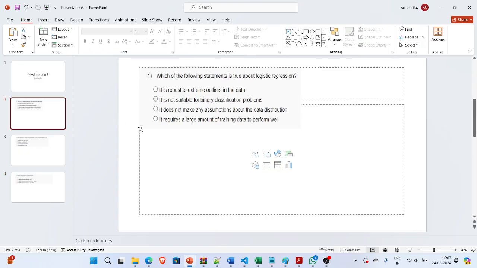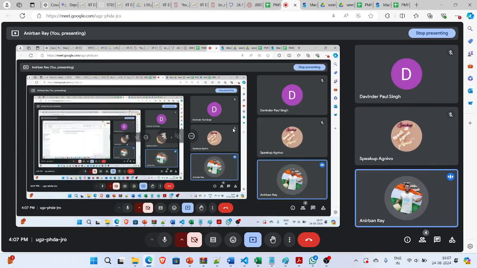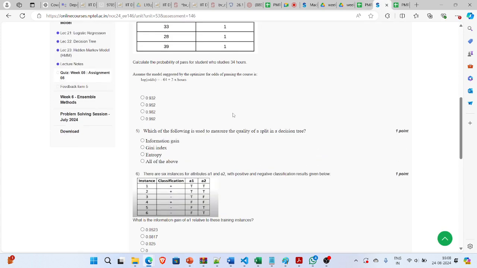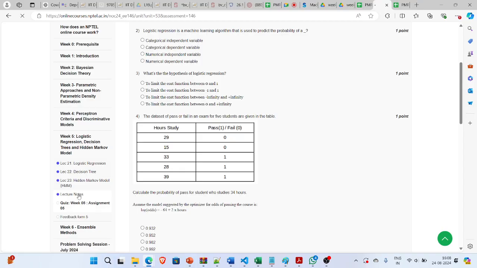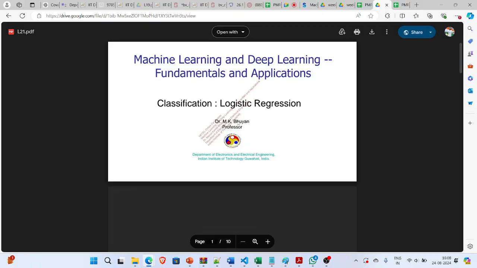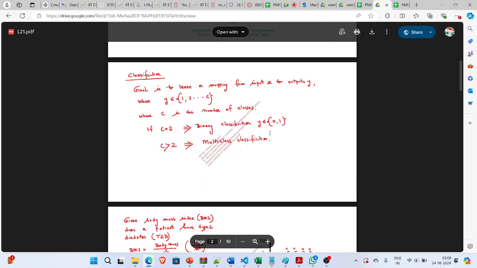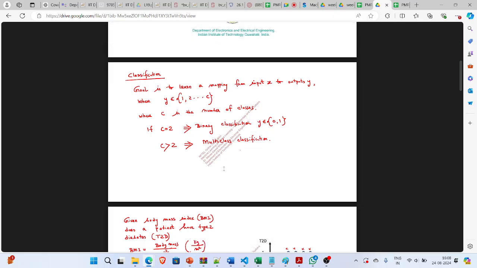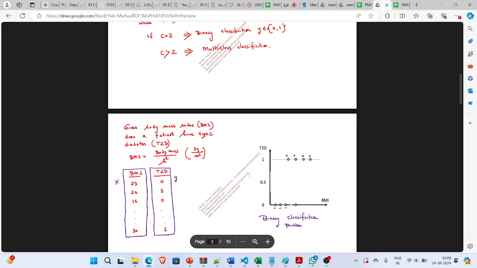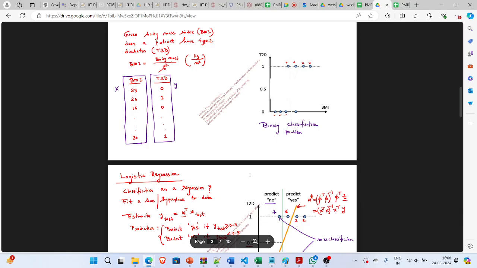First question is about logistic regression. So we'll revise and understand the theory better first. As you can see, there are two types of classification problem: binary and multi-class. Nothing much here. And a few examples, actually, of binary classification. You have to separate these.